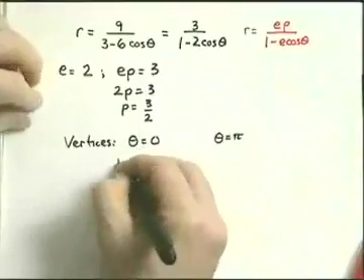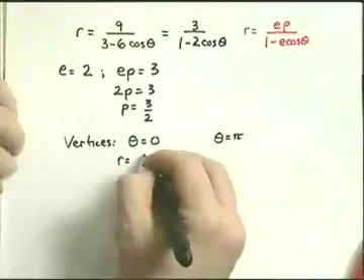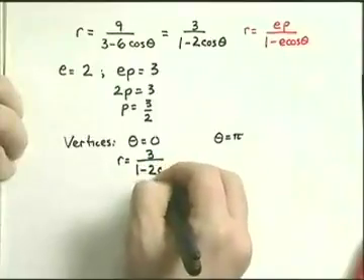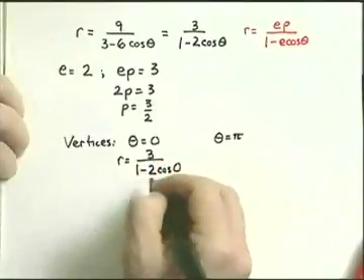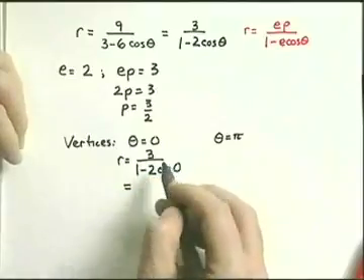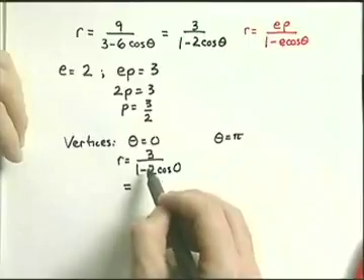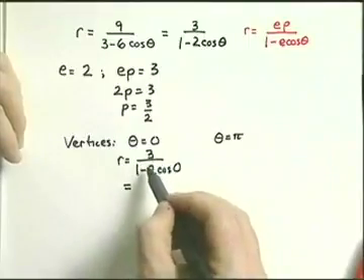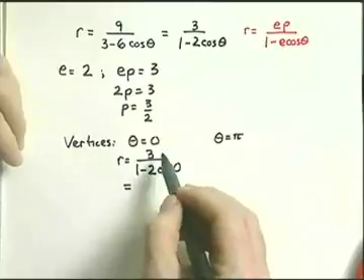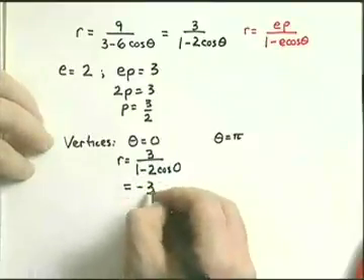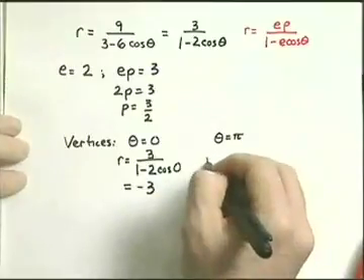When theta equals 0, I get that r equals 3 divided by 1 minus 2 times the cosine of 0. The cosine of 0 is 1, so I have 3 divided by 1 minus 2 times 1, which is 3 divided by 1 minus 2, which is 3 divided by negative 1, or negative 3.